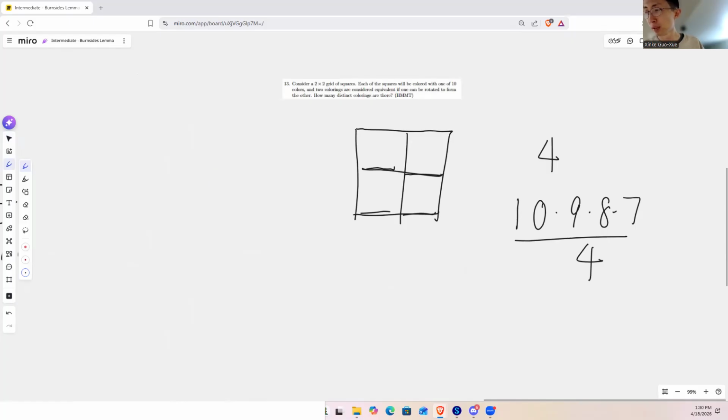So the identity, well, each square gets sent back to itself, right? So there's 10 choices for this square, 10 choices for this square, 10 choices for this square, and 10 choices for this square.